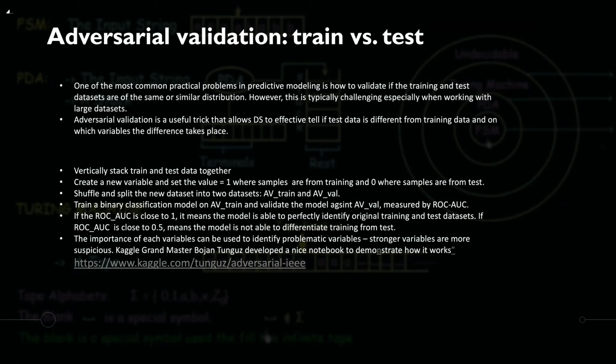This is one of the most common questions in practical data science, because we have probably been asked many times: if we train a model with some data we can collect, how can we tell that the distribution of the data will not change in the future?